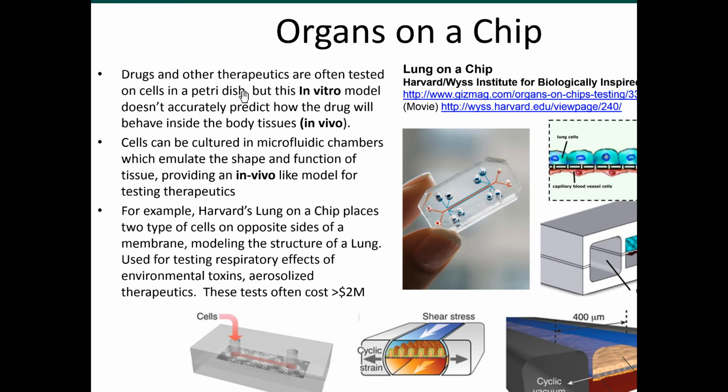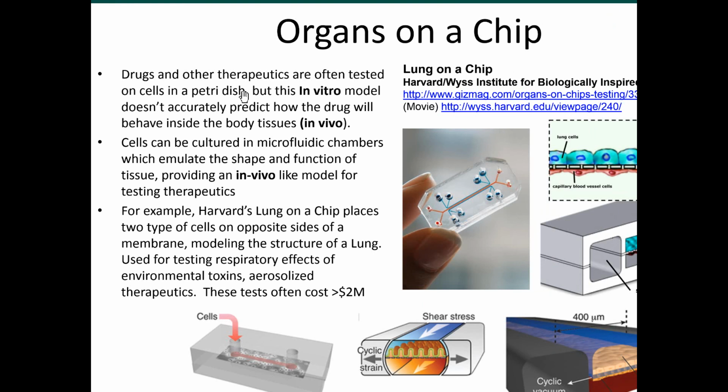The problem is, when you do tests on cells in a petri dish, that's called an in vitro model. Cells in a petri dish do not behave the same as cells in the body. In the human body, you have an extracellular matrix. It's kind of a glue that holds the cells together. You also have the delivery of nutrients through blood vessels, right?